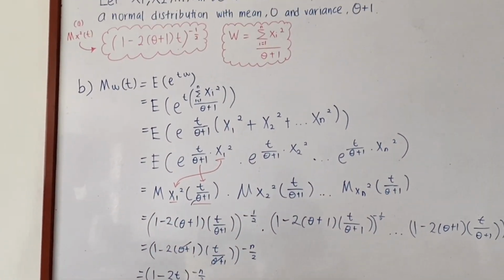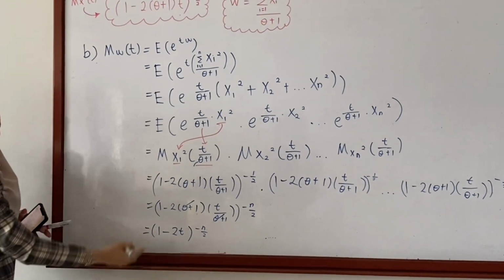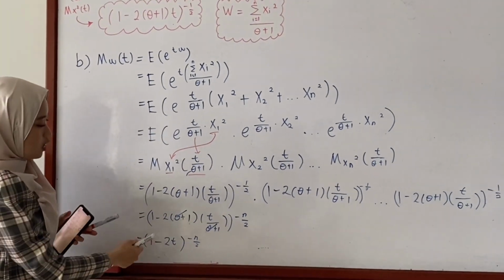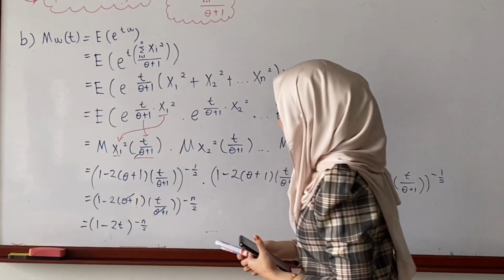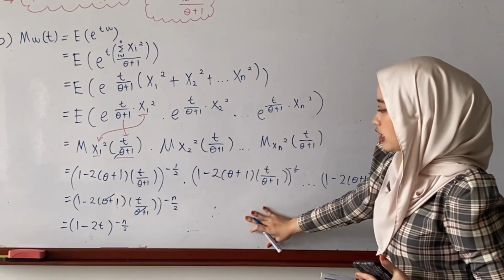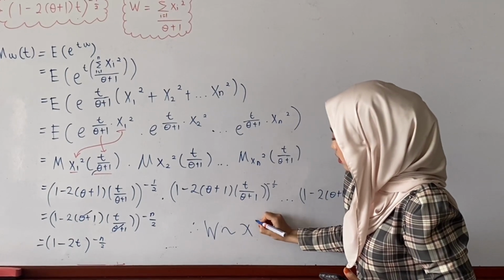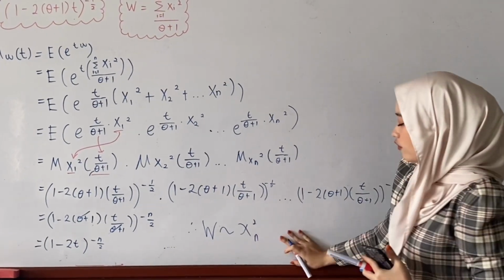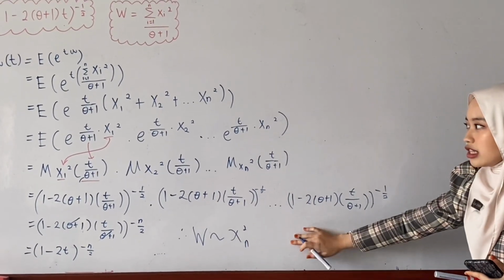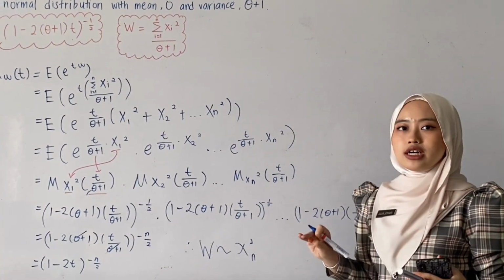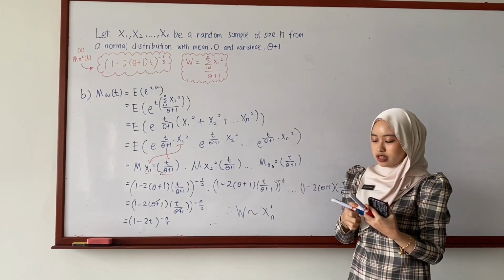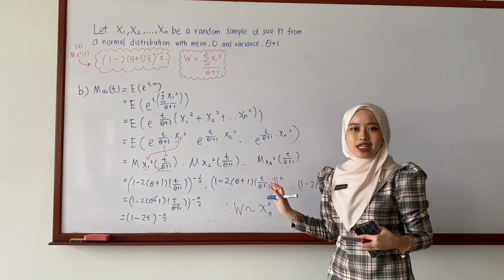So next, from here, you can guess the distribution. So from here, we will get chi-square distribution, which is W chi-square of x with n degrees of freedom. So this is how you can solve equation B. Next, teacher Ainaa will continue with equation C.